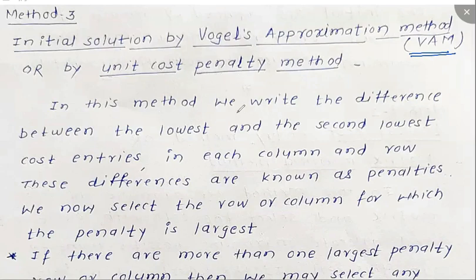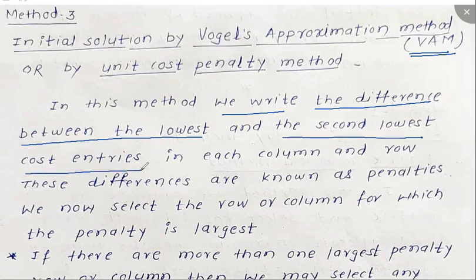In this method, we write the difference between the lowest and the second lowest cost entries in each column and row.